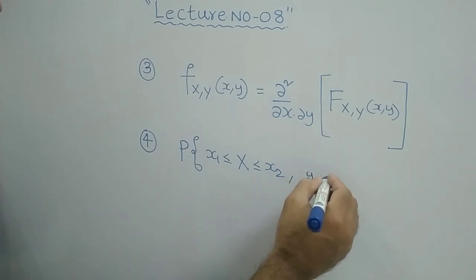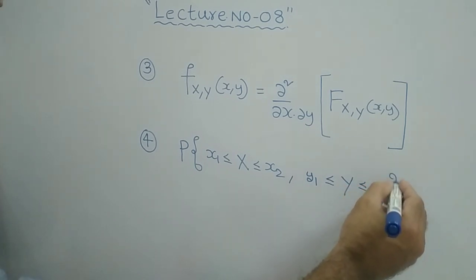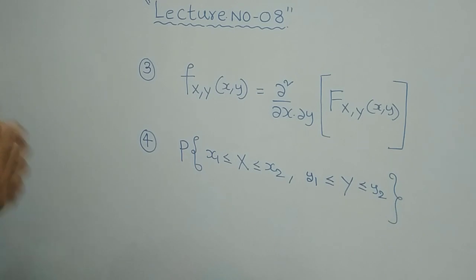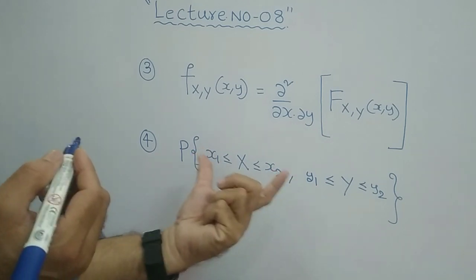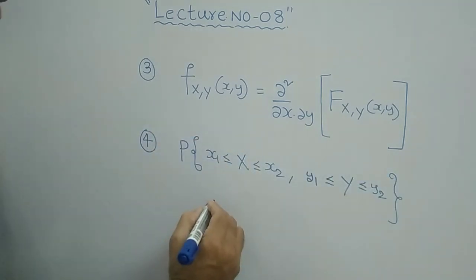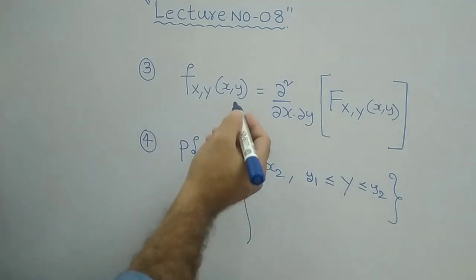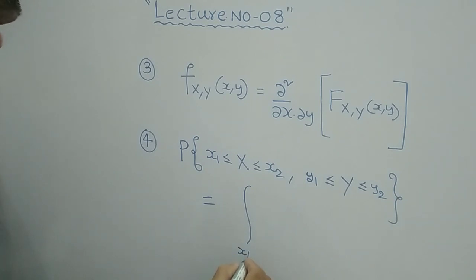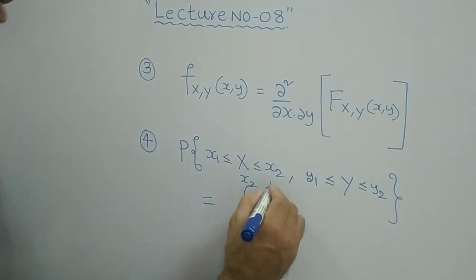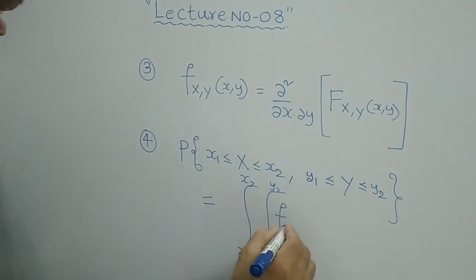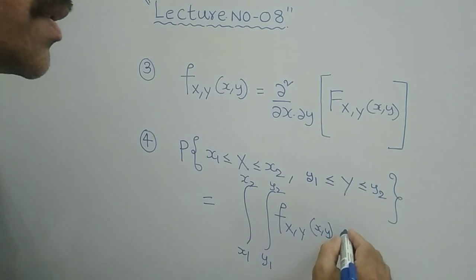Similarly, small y1 is less than or equal to capital Y is less than or equal to y2. If you are required to calculate the probability of a joint event defined in this way, then this whole probability is nothing but the integral of x1 to x2, similarly y1 to y2, of f of x comma y, dx dy.